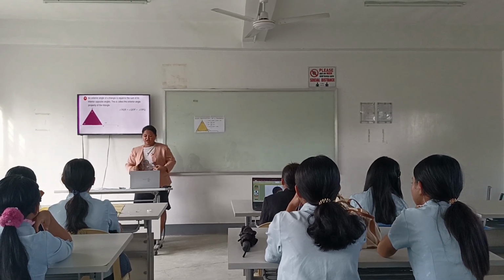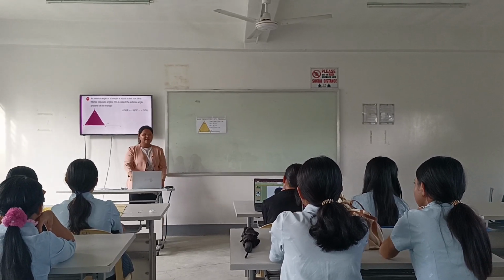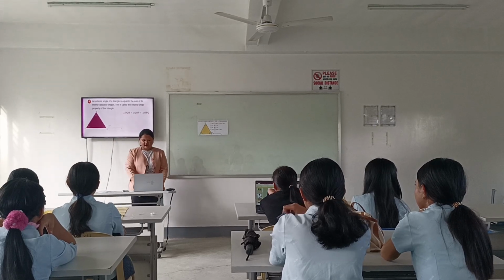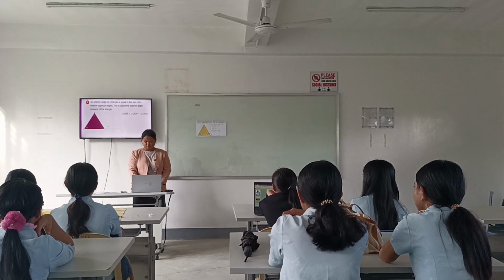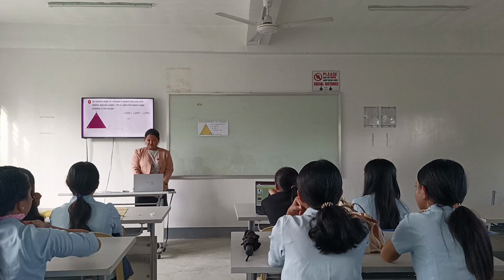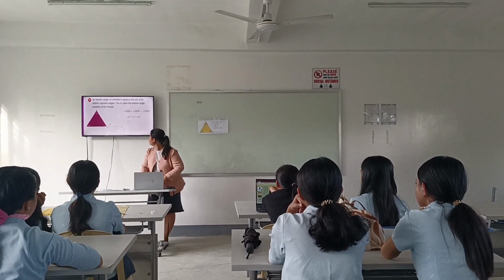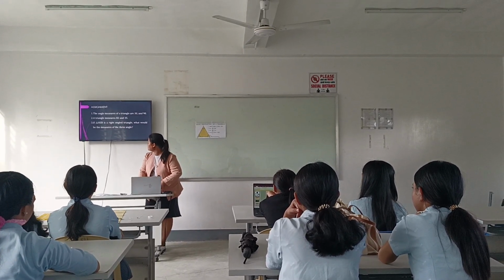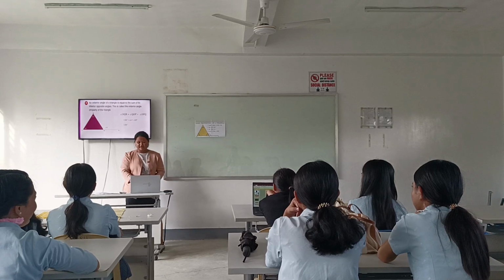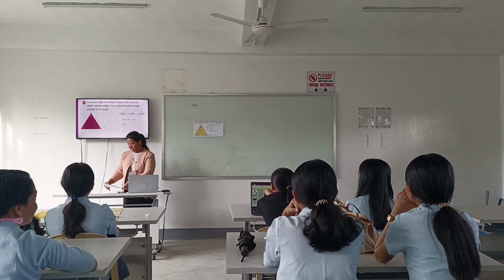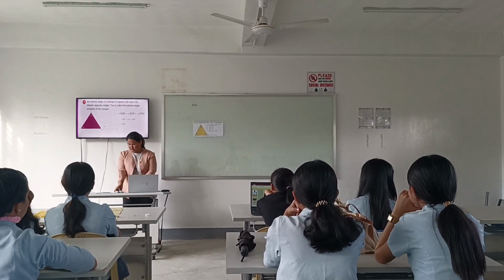So it is equal to the measure of its exterior angle. That will be the four basic properties of a triangle.